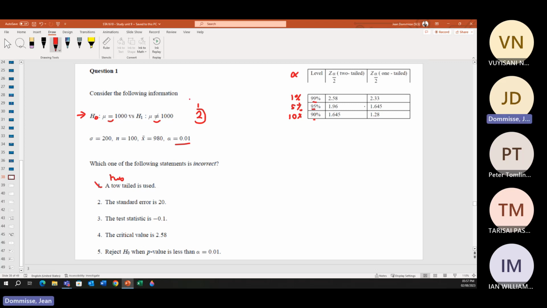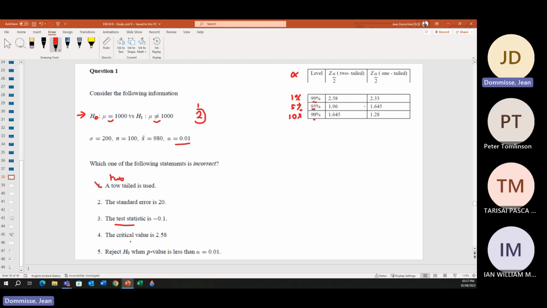Then the next thing that we can look at is, and sometimes they ask the question, you have the t-stat and the critical value. So let's first look at the critical value.